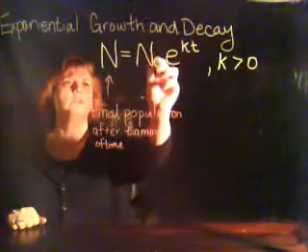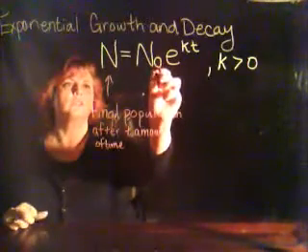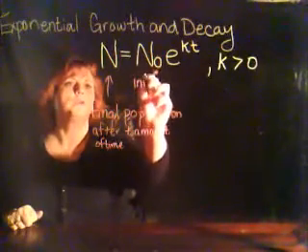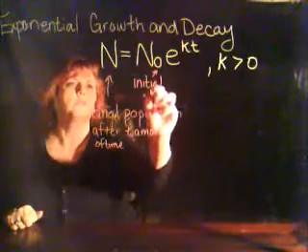When it's N sub 0, that sub 0 means initial. So this whole point is the initial population.